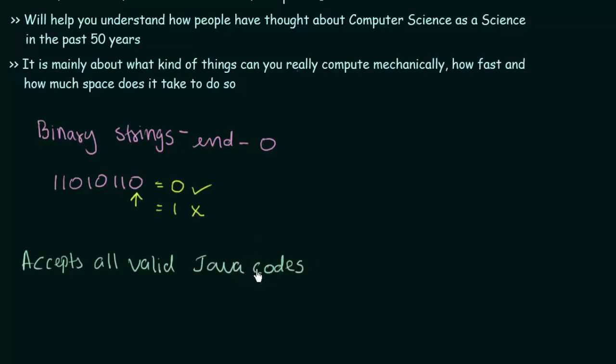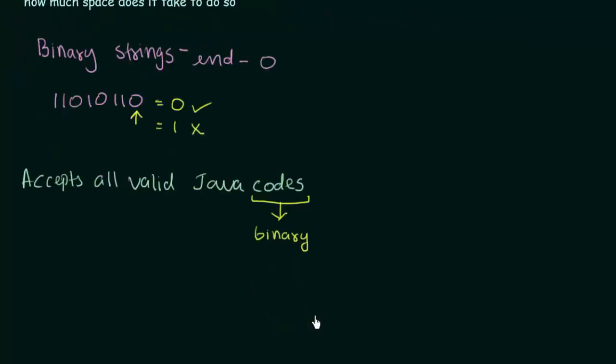So what should my machine do? It should check the binary equivalent of my codes. When I write code in Java, it should check the binary equivalent of this code, and from this binary equivalent it should tell whether this came from a valid piece of Java code or it is invalid.